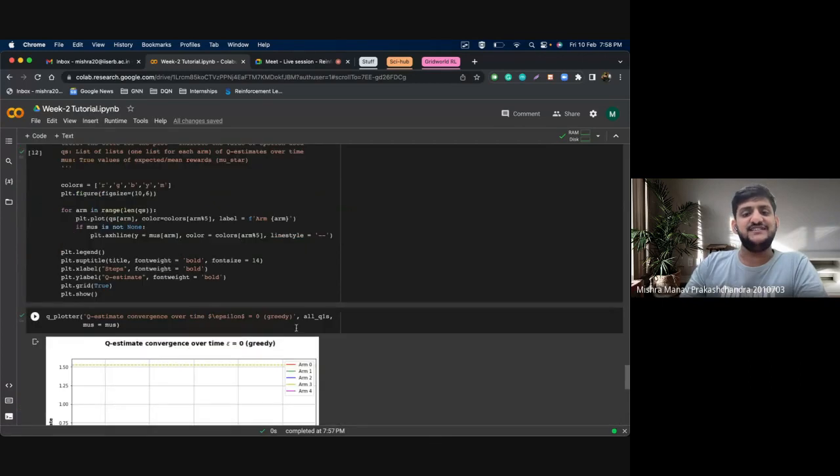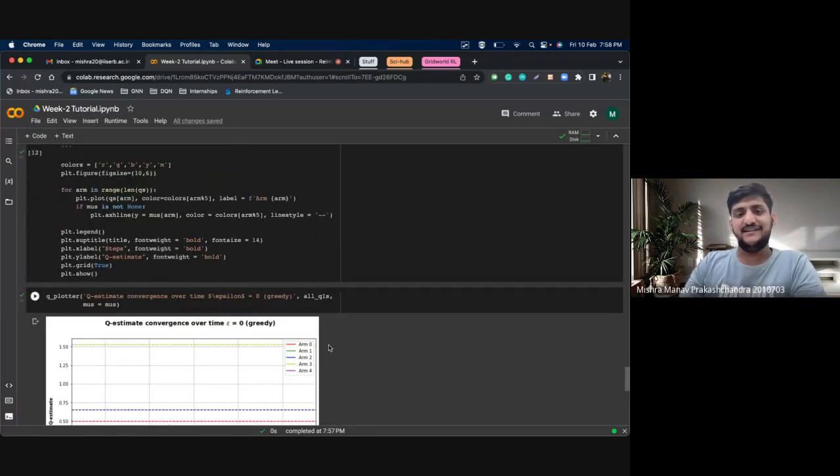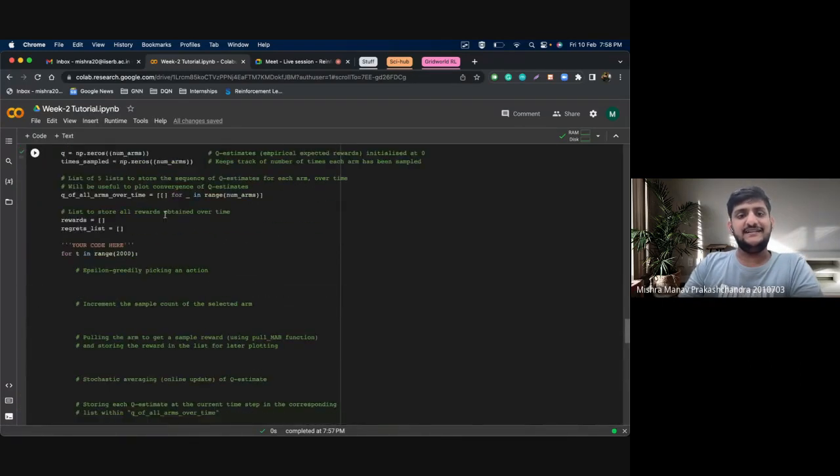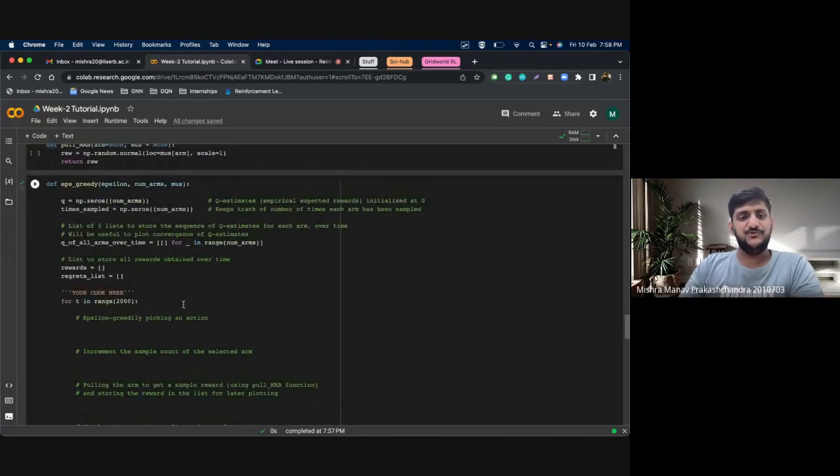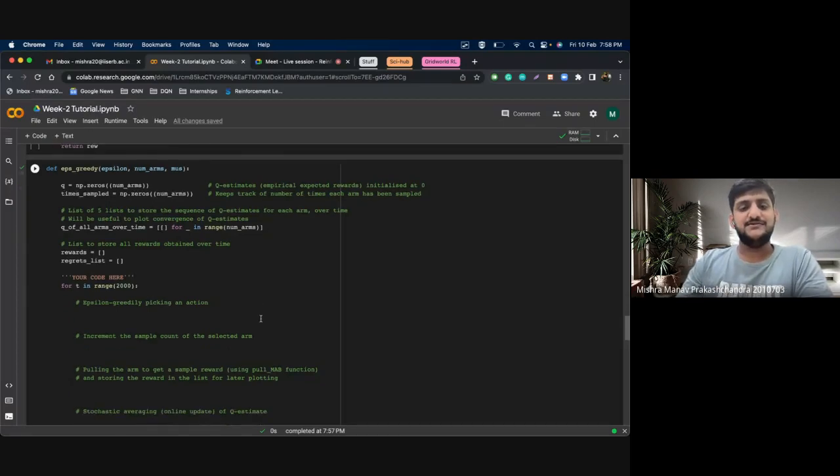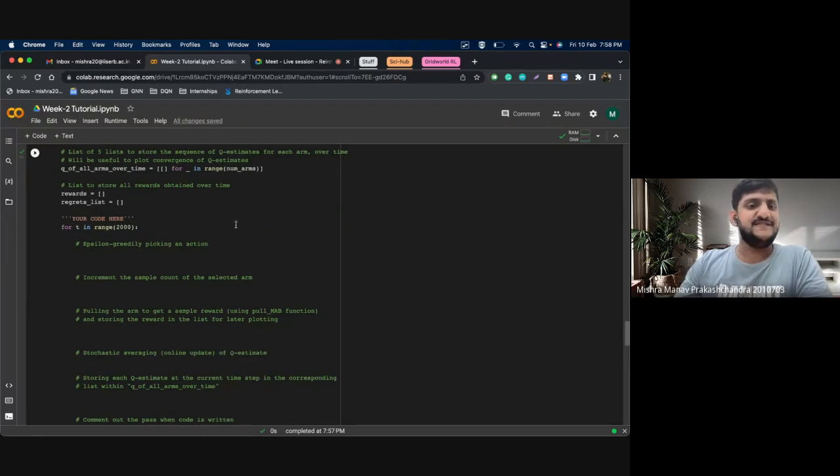You make appropriate changes, just change the epsilon value, and you will get the answer. This is the major part where you need to make changes to figure out how exactly the epsilon greedy part works. If you do this, you will get clarity on how epsilon greedy works and your understanding will improve.